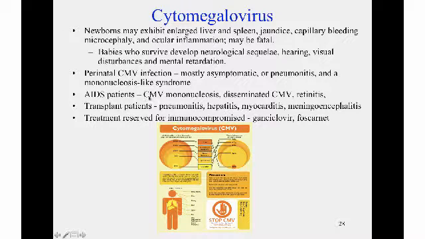In AIDS patients, mononucleosis or a disseminated, more systemic CMV infection, and also transplant patients seem to develop effects of this pathogen. There is a treatment that's reserved for those who are severely immunocompromised.